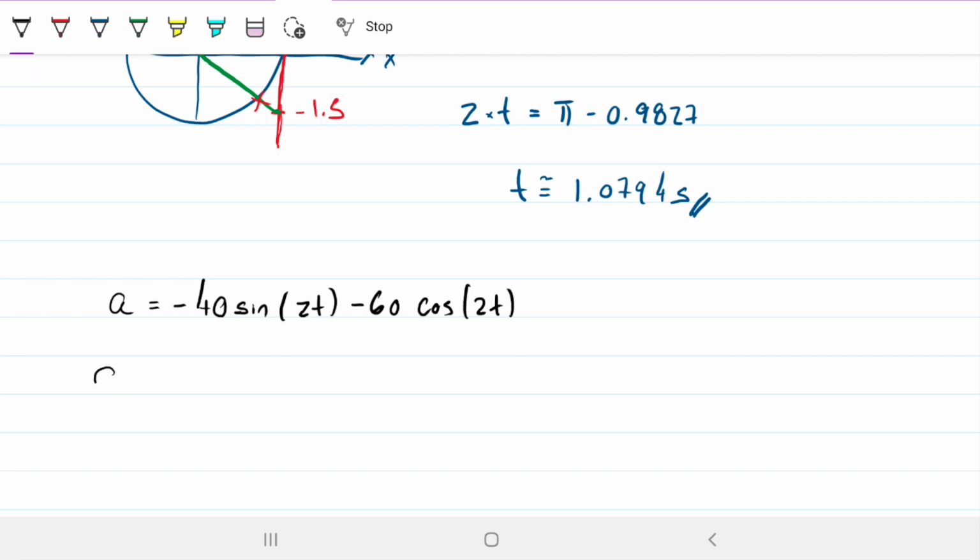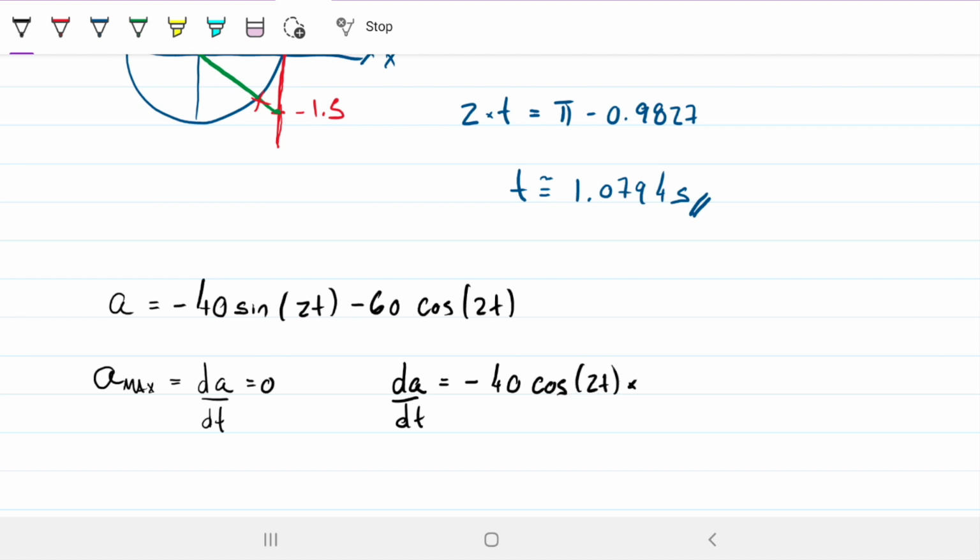If we want the maximum acceleration, then we're going to have to derive the acceleration in respect to time and make that equal to 0. So let's first start by deriving the acceleration in respect to time. I'm going to get, so we have minus 40, and then the cosine of 2t.